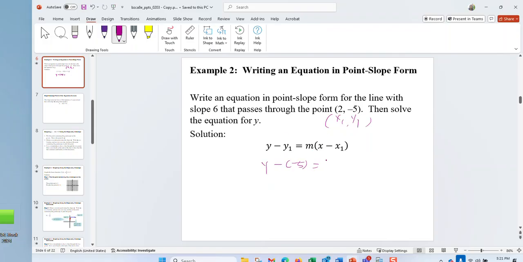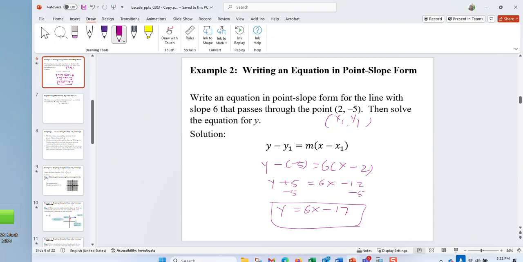The slope here is already 6, and x minus x1, where x1 here is 2. So that is my equation. So I have y plus 5 equals 6 times x minus 2, which is 6x minus 12. I subtract 5 from both sides, so my y here will be 6x minus 17. So this is my equation, okay?